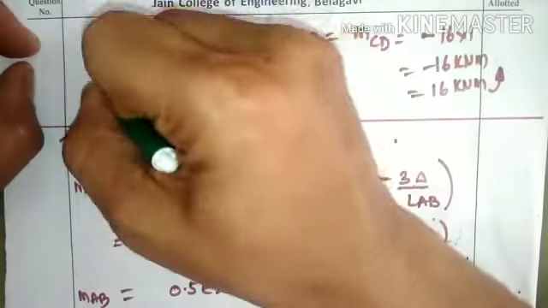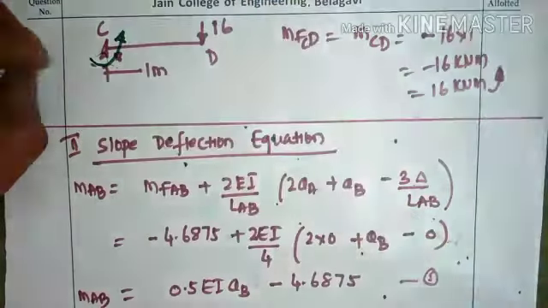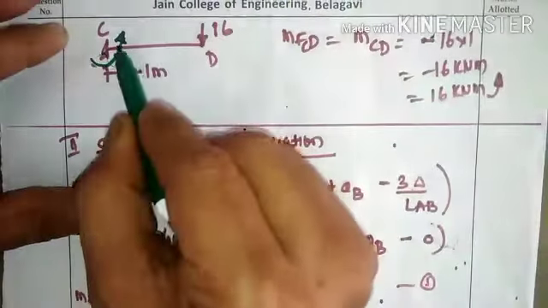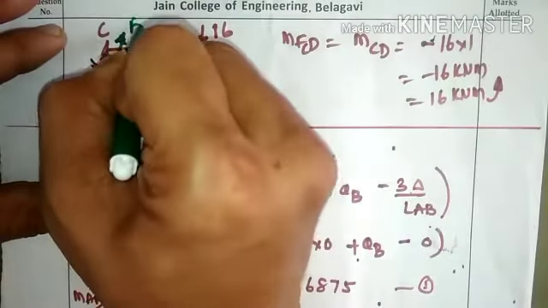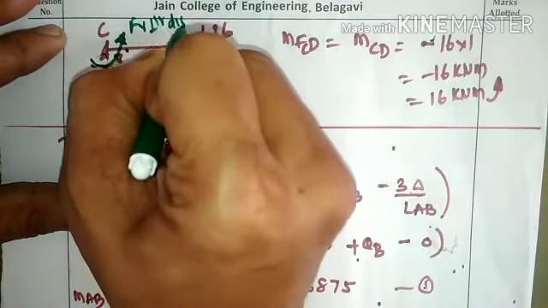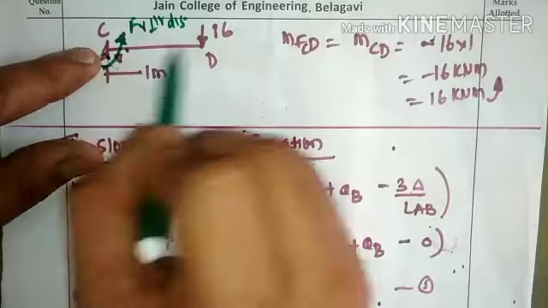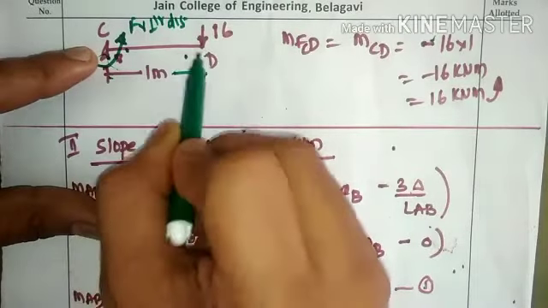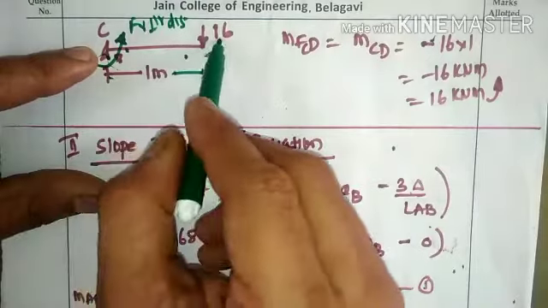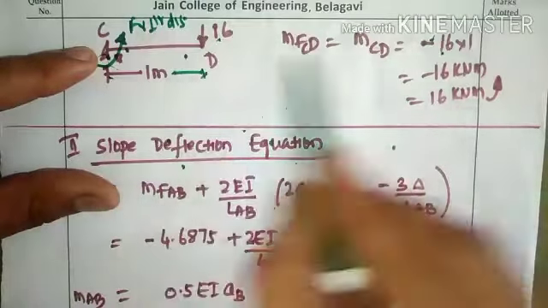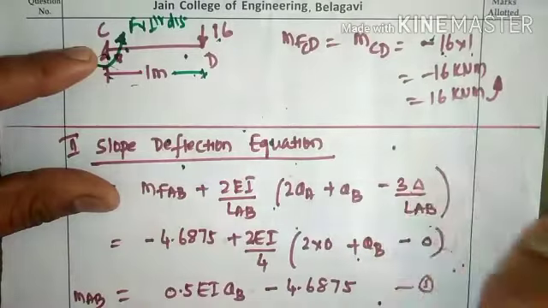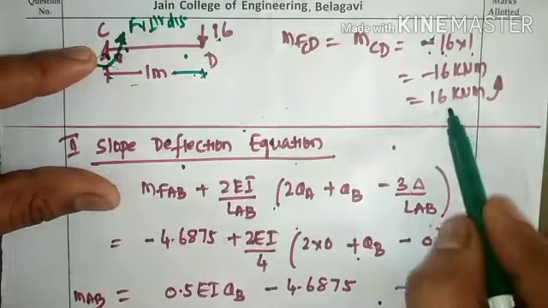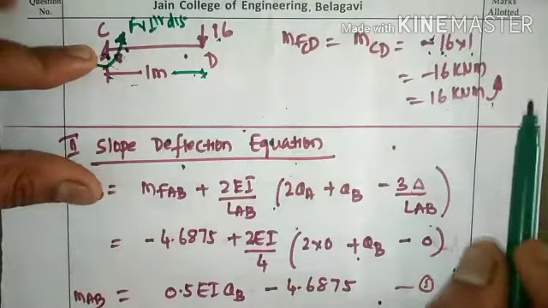C will offer rotation in the anti-clockwise direction. Anti-clockwise is negative, minus 16, and magnitude of the moment will be force into perpendicular distance. With reference to C, the 16 kilonewton load is placed at a distance of 1 meter from point C, so 16 into 1, minus because it is in the anti-clockwise direction.